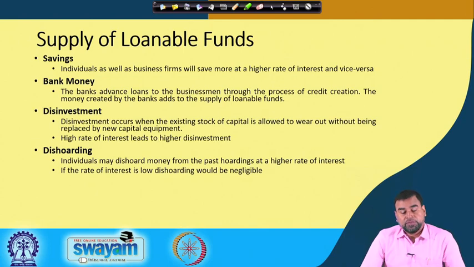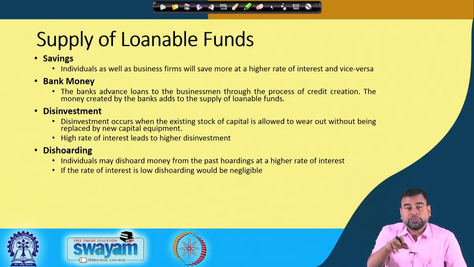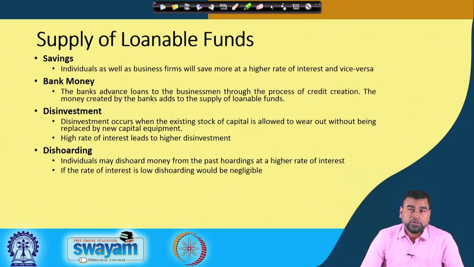Still, saving is the most prominent factor which supplies loanable funds, which come to the bank or financial institutions and go to the business units or producers who want to use that money for production and maximizing the output.